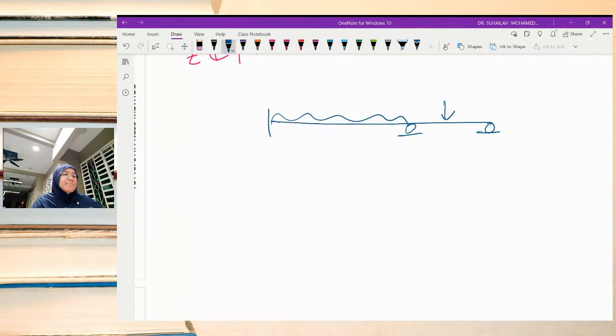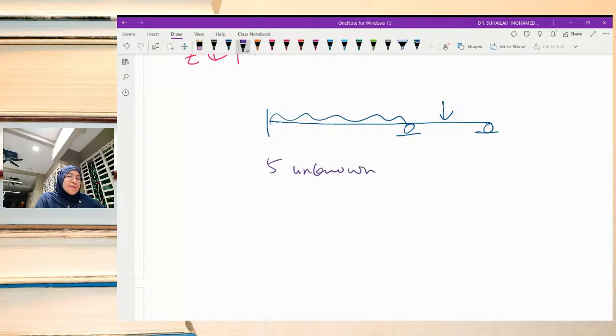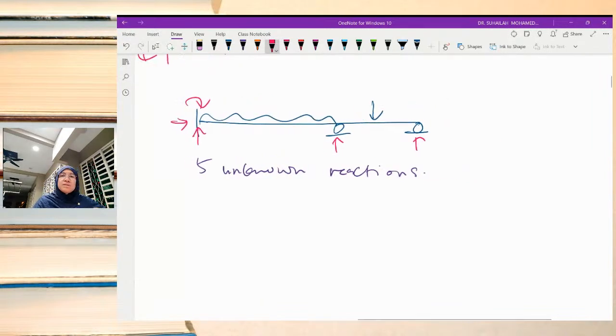Looking at the supports, we know that there are 5 unknown reactions. This is the conventional way how we look at this beam. The way we look at this beam conventionally, there are 5 unknown reactions.